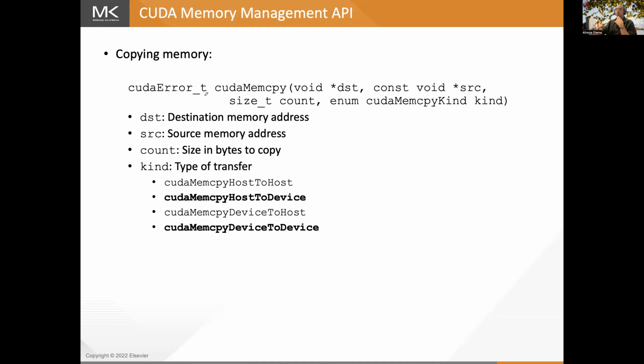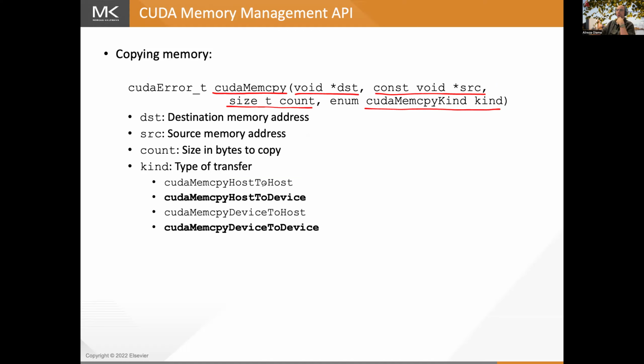And for copying data from one memory to another, you can use this cudaMemcpy, or CUDA memory copy. It receives some arguments: the address of the destination pointer, the destination array or data, the address of the source data, the number of bytes that you want to transfer, and then the type of the transfer.